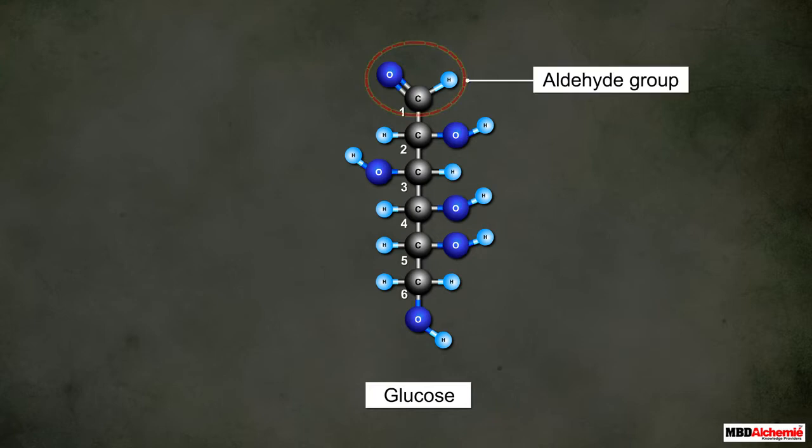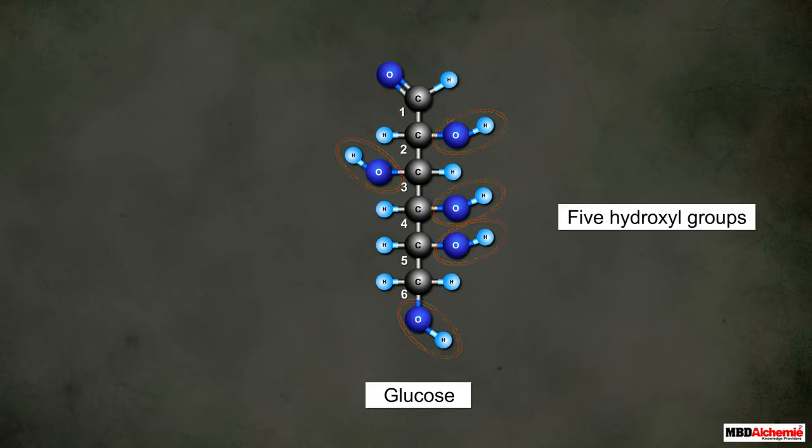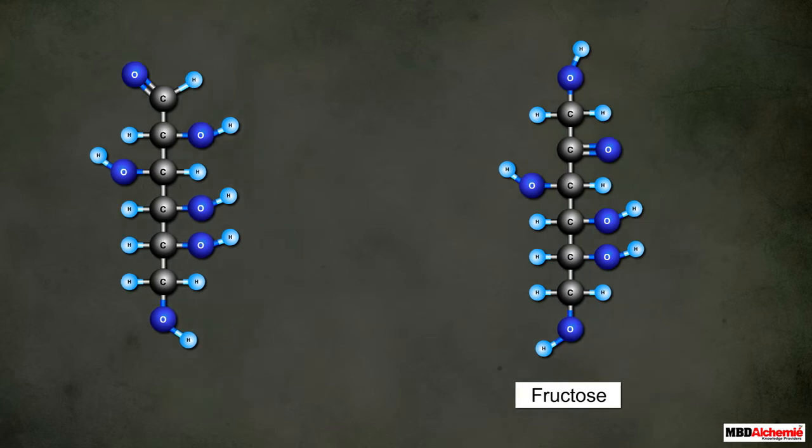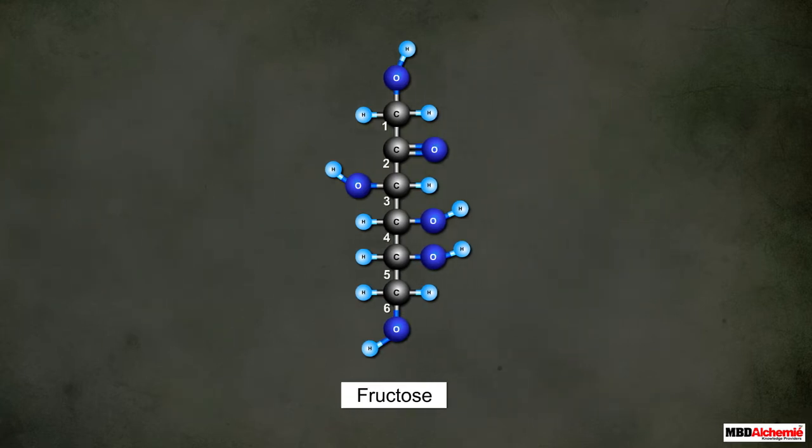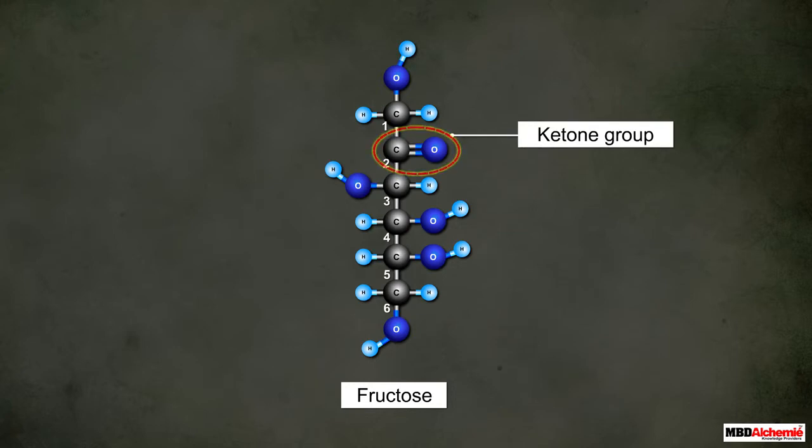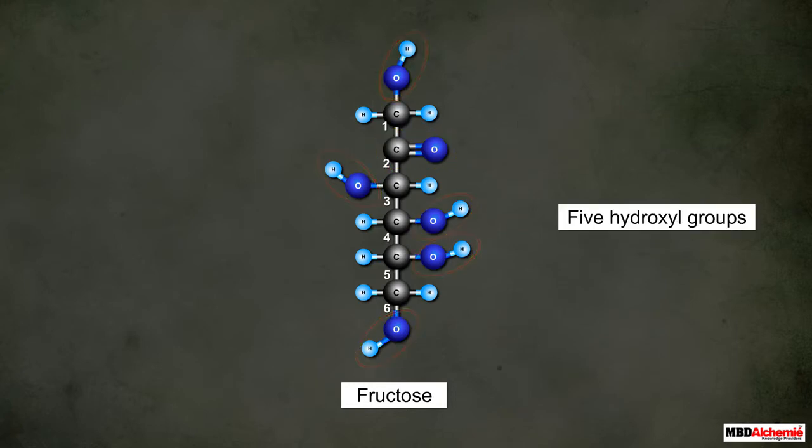It has one aldehyde group attached to the first carbon and 5 hydroxyl groups attached to the rest of the 5 carbon atoms. Similarly, a fructose molecule also has two functional groups. It has one ketone group attached to the second carbon and 5 hydroxyl groups attached to the rest of the 5 carbon atoms.